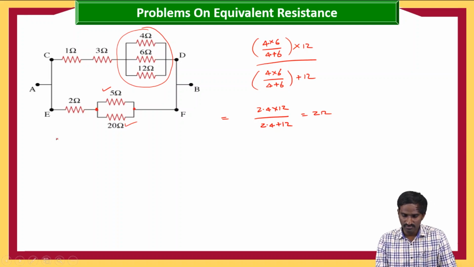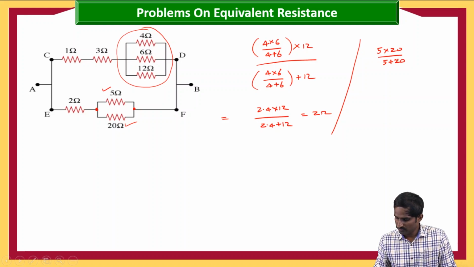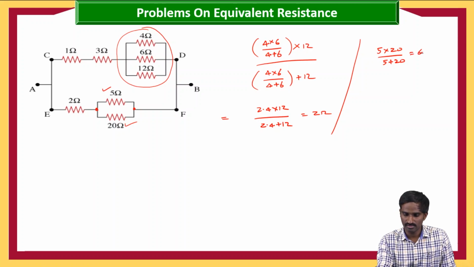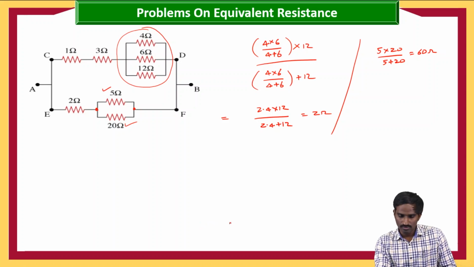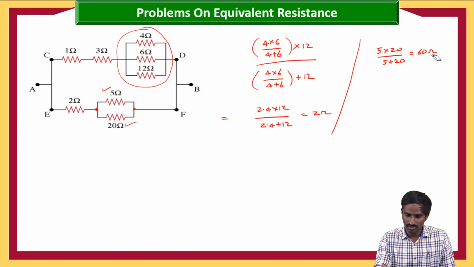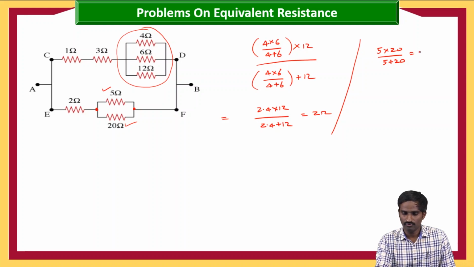Then this will become 5 into 20 by 5 plus 20, here 25. Sorry, not 60. So 5 into 20 divided by 25, then you will have 4 ohms.